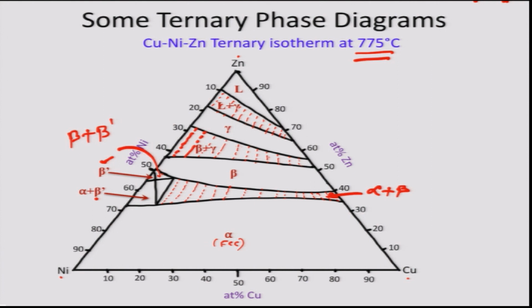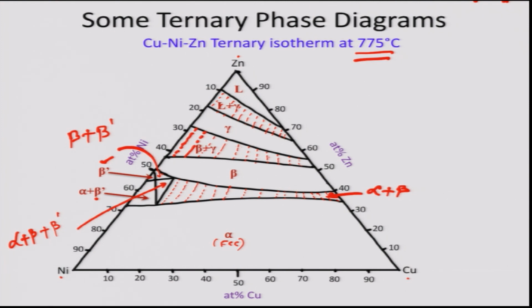So there is a tie triangle here which is basically the three phase equilibrium of alpha, beta and beta prime. So this is the copper nickel zinc ternary isotherm at 775 degree centigrade.